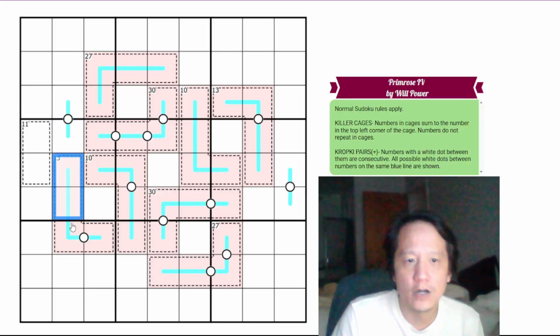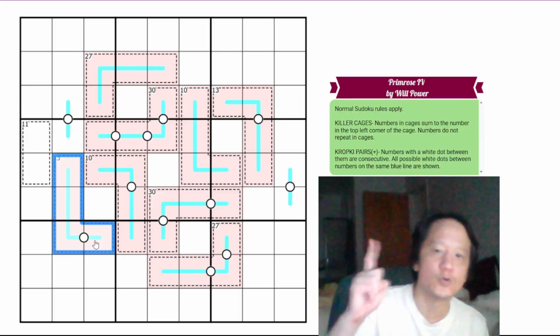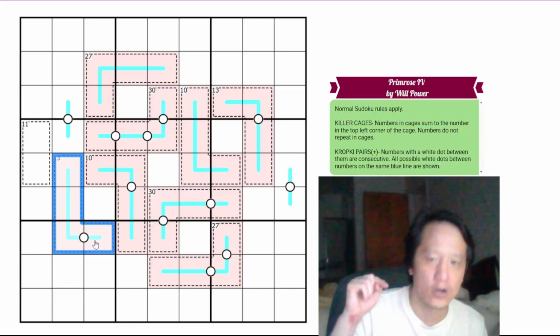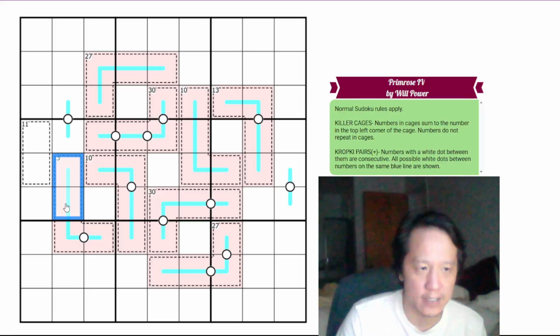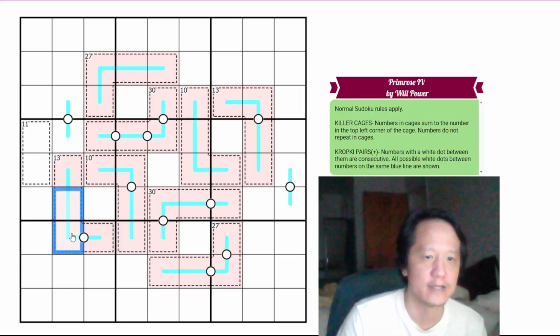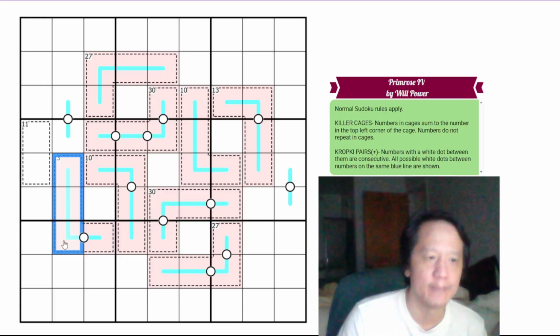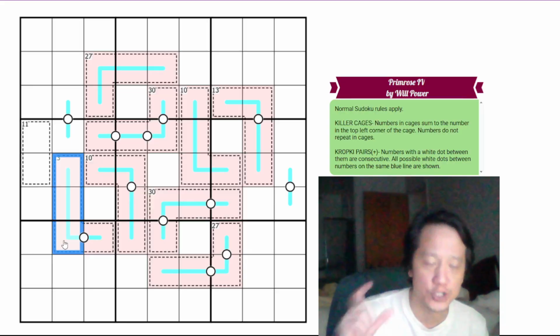But along each of these lines, that means all possible white dots between numbers on the same blue line are shown. So therefore, these cannot be consecutive. And these cannot be consecutive because we know there would be a dot on that line, because all possible white dots are shown.